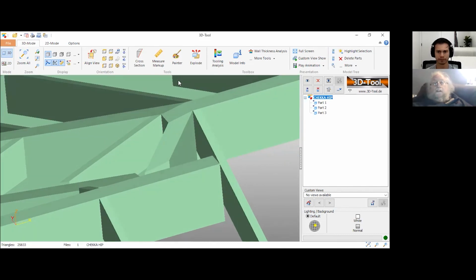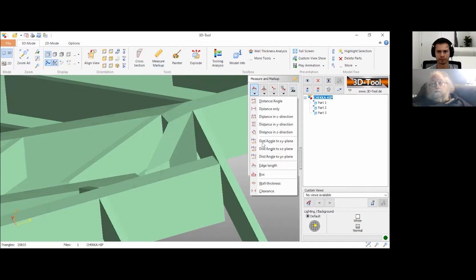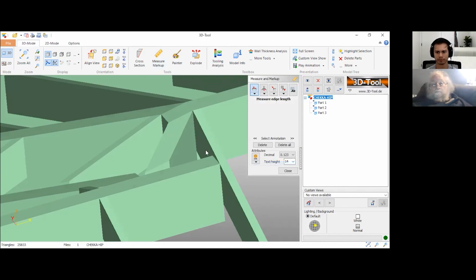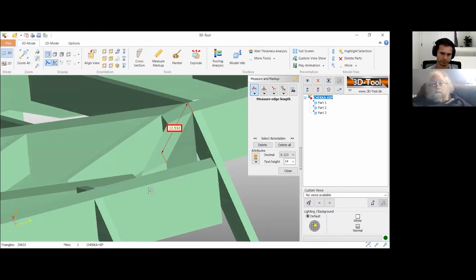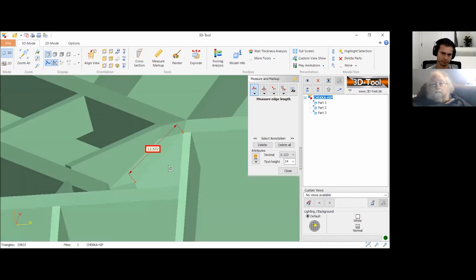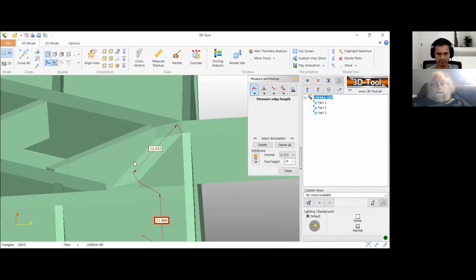Okay, so now, if I hit my little measure and markup tool, bingo, there it is. See how it's the same length on this side as it is on the other side?